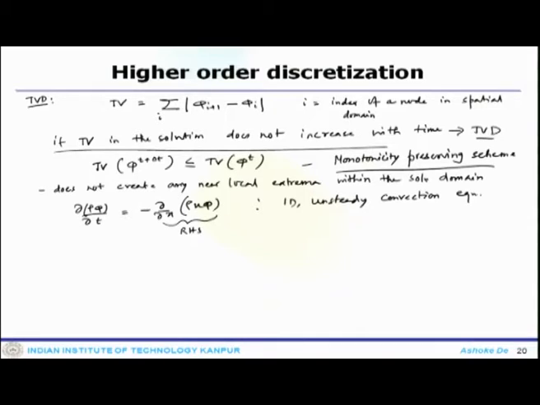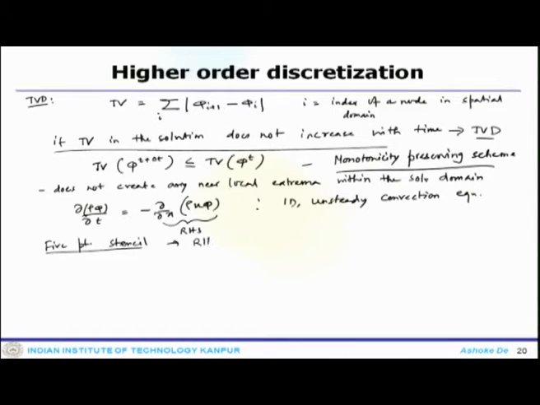Once we start with that, then for the general discretized form of the right hand side, you use some sort of a 5-point stencil, so that you can derive a higher order scheme.